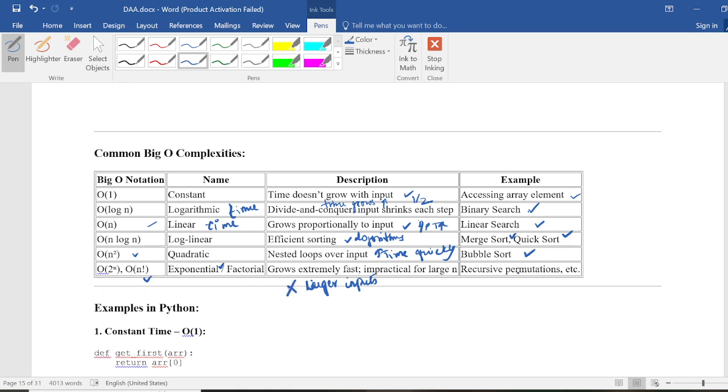Recursion, permutations and combinations are examples of exponential and factorial complexities. These we have explained in detail in the last video.